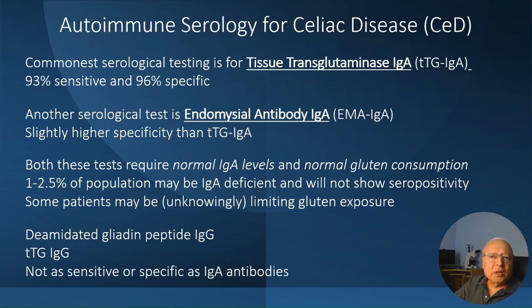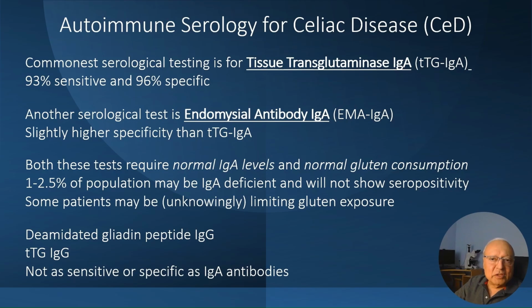So how many people are actually deficient for IgA physiologically? About 1 to 2.5% of the population has IgA deficiency naturally. So these patients, in spite of having celiac disease, may not be able to mount an antibody response that is detectable.